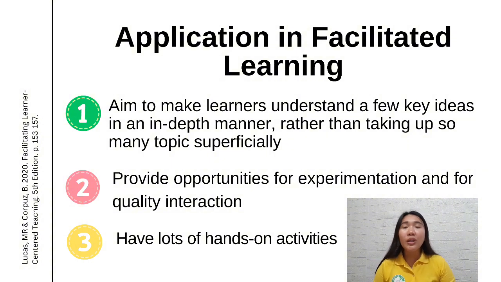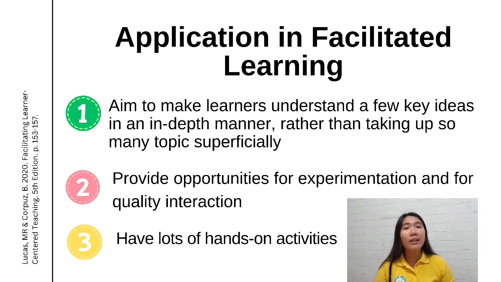And also, we could encourage collaboration and discussion among students, wherein it allows them to share ideas, challenge each other's thinking, and learn from diverse perspectives. For example, instead of simply explaining the concept of gravity, have students conduct experiments to observe its effect, like dropping objects from different heights.